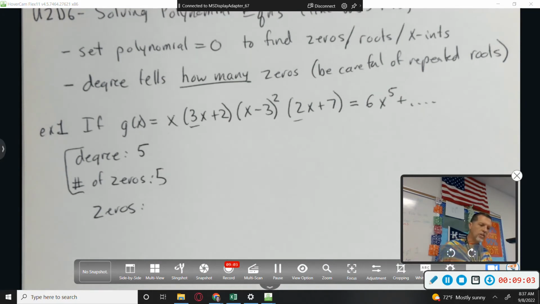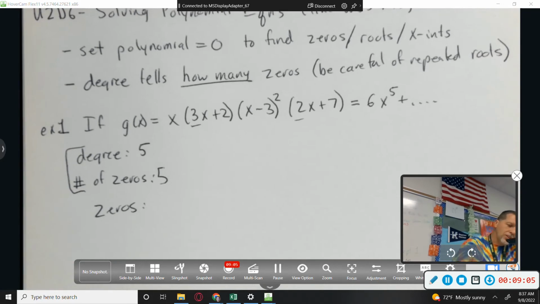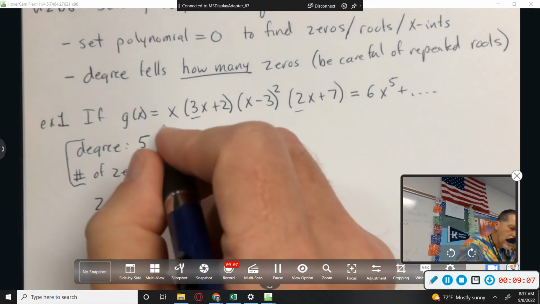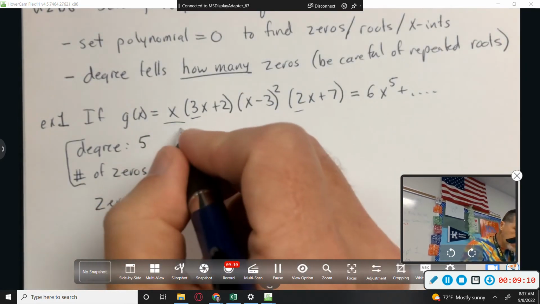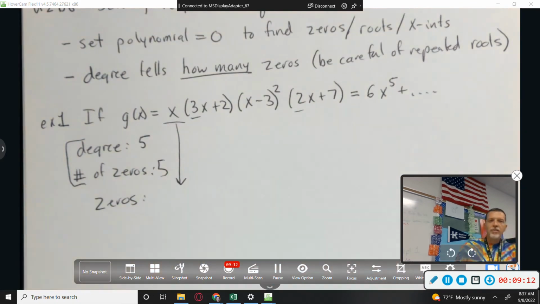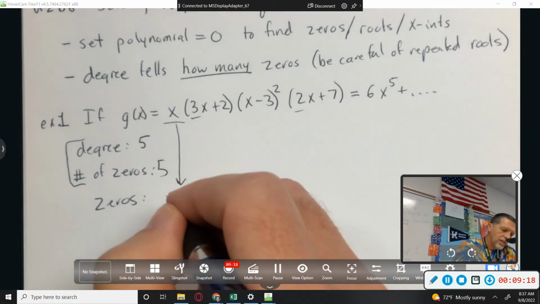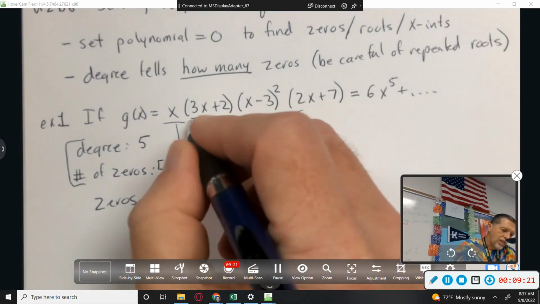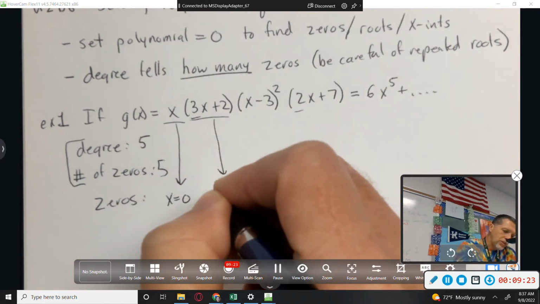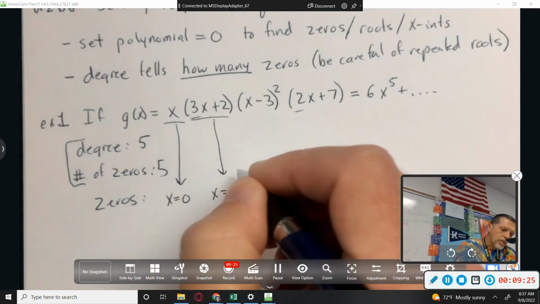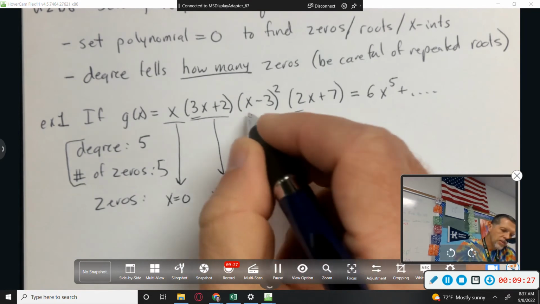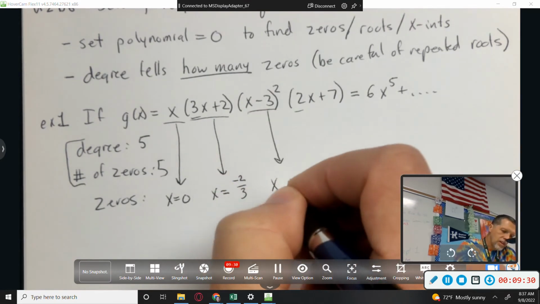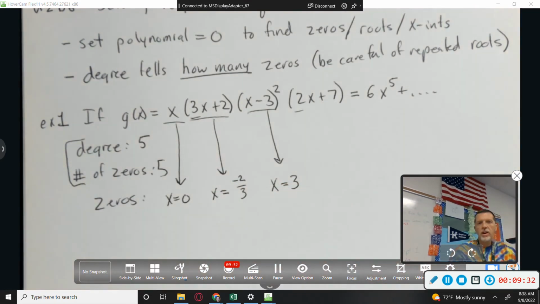Now, what are the zeros? Well, that's not bad either, since it's already factored. But some people still mess up that x out front. What does that mean a zero is? 0. And then 3x plus 2, that would lead to negative 2/3. x equals 3, although what's special about x equals 3?